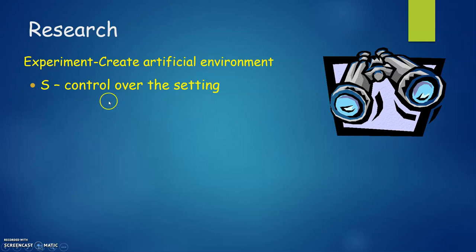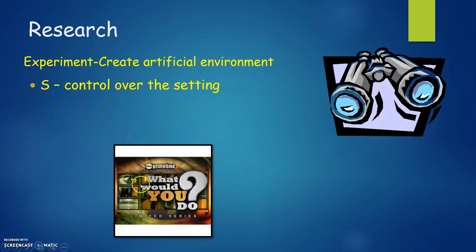You control the variables. There's a show called, Hey, What Would You Do? And what would you do if you were in this place and this little scenario was happening? That's a social experiment. Now, the show is just made for TV and it's made more for fun. But in actuality, you could conduct a social experiment.